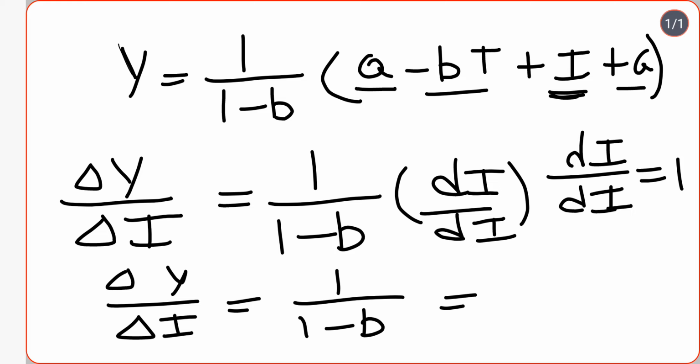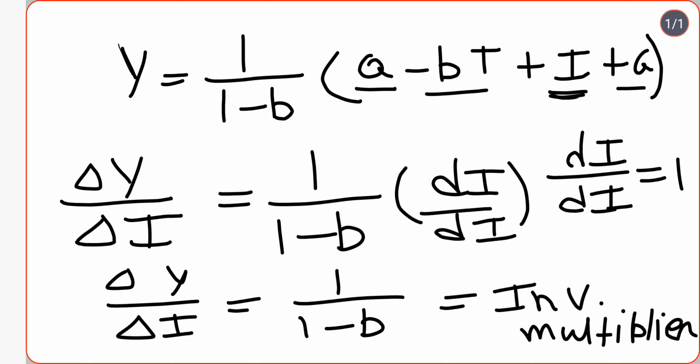and this is known as the investment multiplier. This is a very easy concept. The investment multiplier tells us what effect a change in investment has on income. Sorry, I said it in a wrong way.